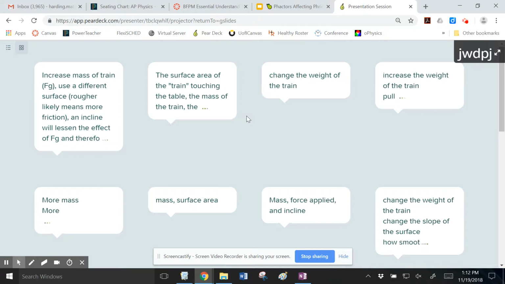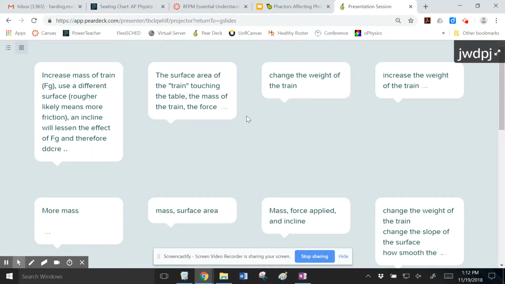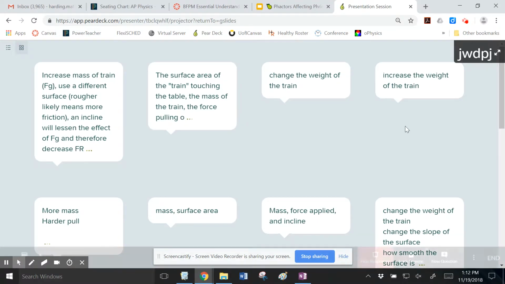So again, what I'm asking you for are some things that you think we could change that have the potential to change the amount of frictional force.